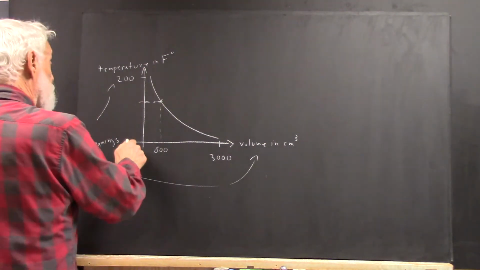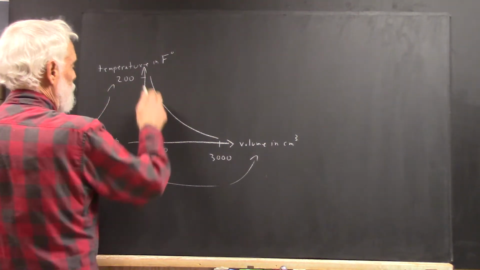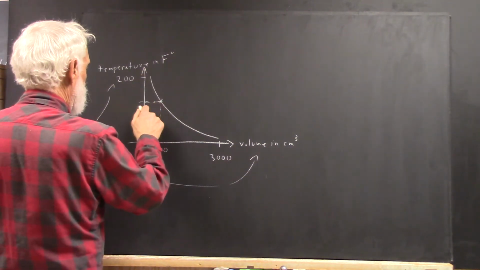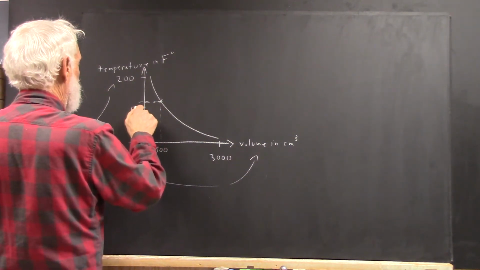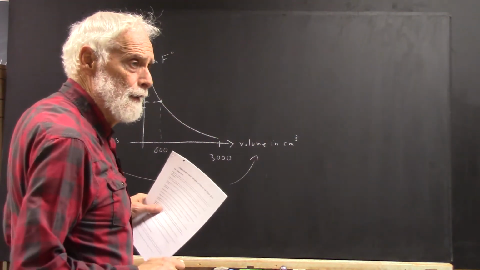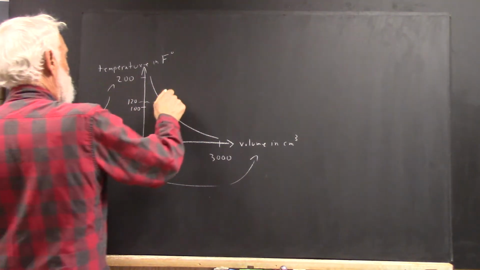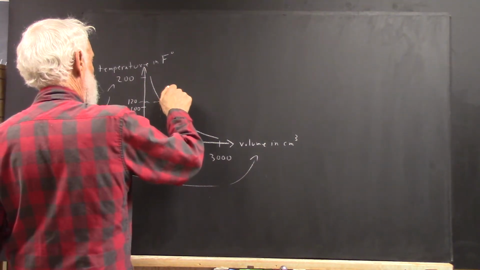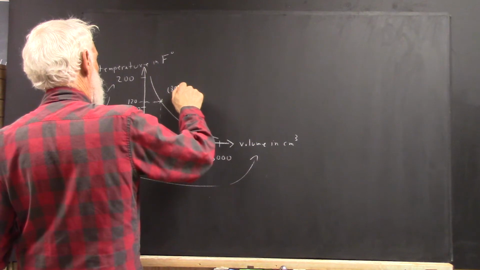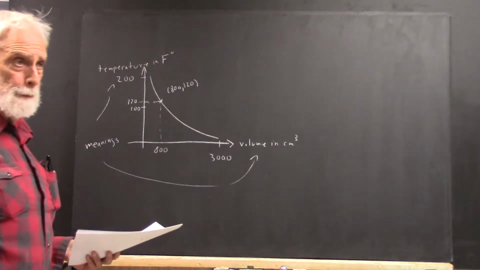Yeah, now if this is 0 down here, this is 200, but you can subdivide this interval, 100 would go about here. So I'd say it's about 120, don't you think? So I'm going to say this point is 800, 120. Now what does that mean?